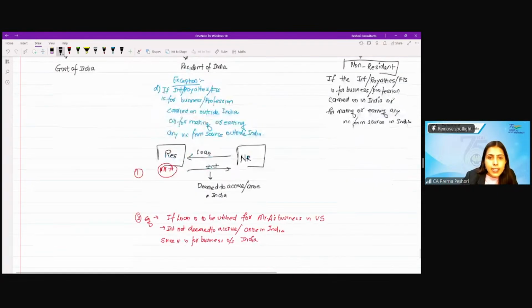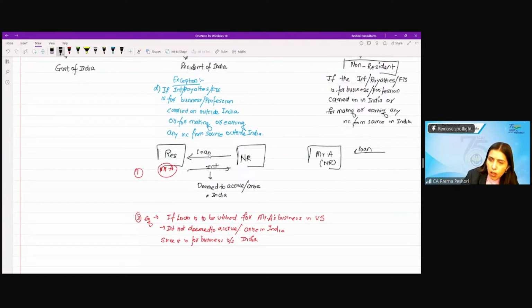So let's take an example again over here. Let's say there is Mr. A who is a non-resident. He has taken a loan from, let's say, Citibank US. Right? It's another non-resident. And it is paying the interest. Whether the interest will be deemed to accrue or arise in India?